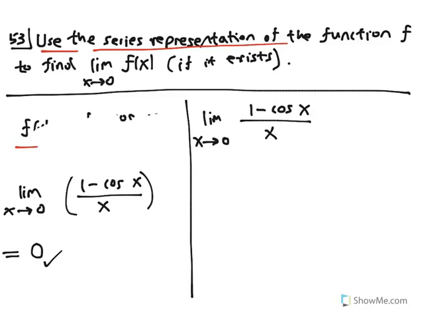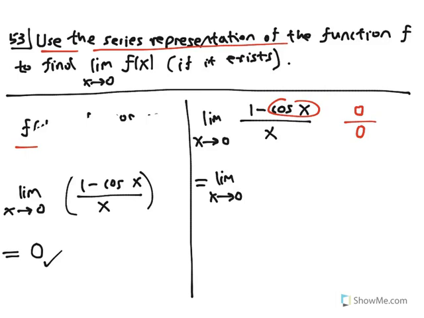If you want to find this limit using direct substitution, you would substitute 0 for x. We know cosine of 0 is 1, so in the numerator you'll have 1 minus 1, which is 0. And in the denominator, when you do direct substitution, you get 0. This is an indeterminate form for which you can use L'Hopital's rule, and therefore we will go ahead and do it that way.